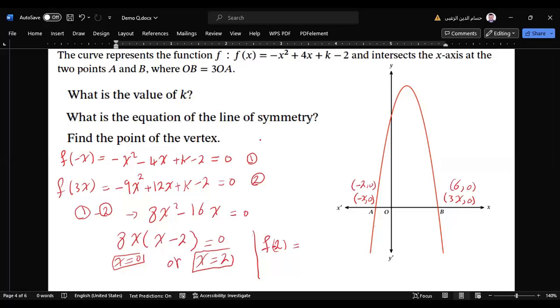So here it will be negative 2 to the power 2 is 4. Negative 2 times 4 will be negative 8.